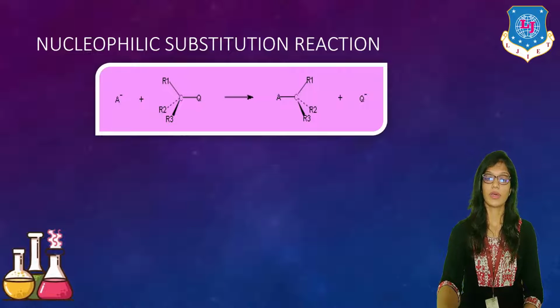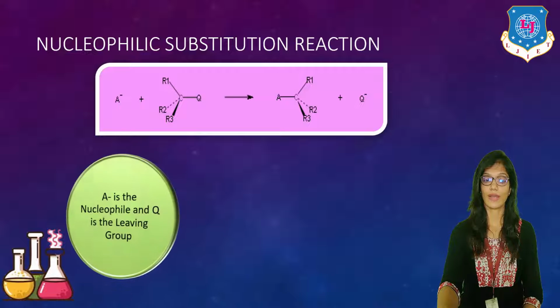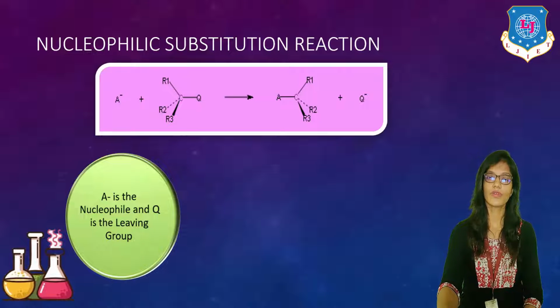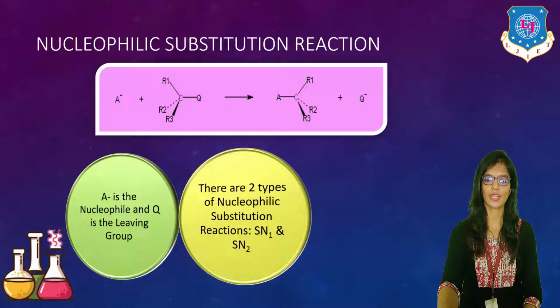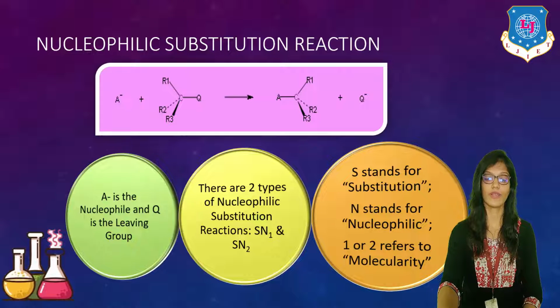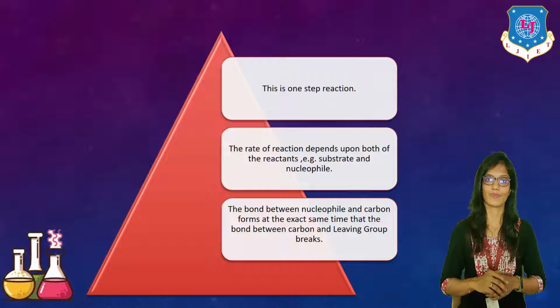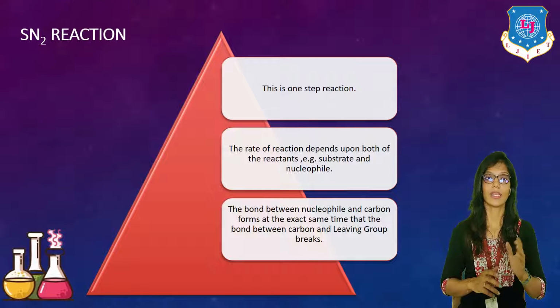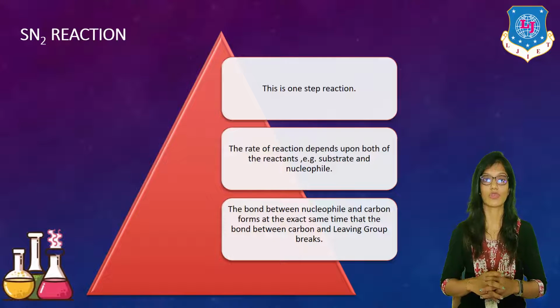As I said, A minus is the nucleophile and Q is the leaving group. There are two different types of nucleophilic substitution reactions, SN1 and SN2, where S is for substitution, N for nucleophilic, and 1 or 2 refers to our molecularity. Now let's see how it plays an important role here.